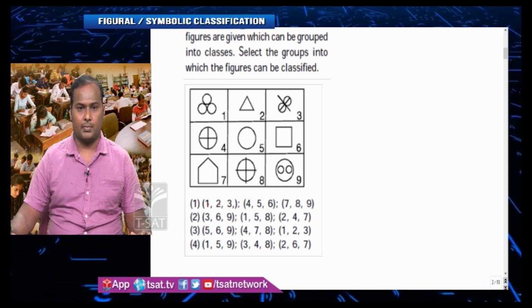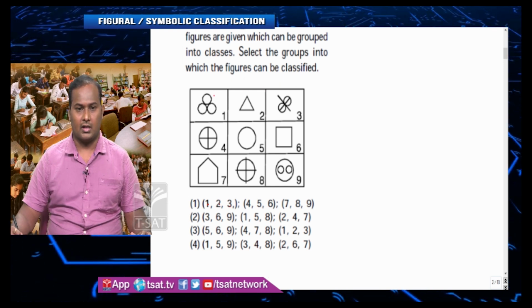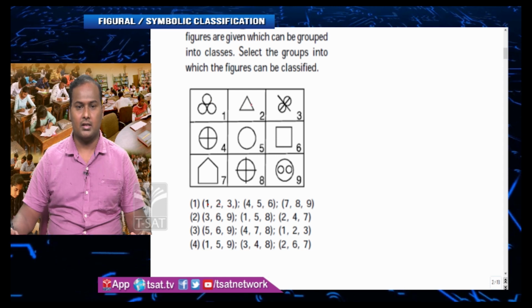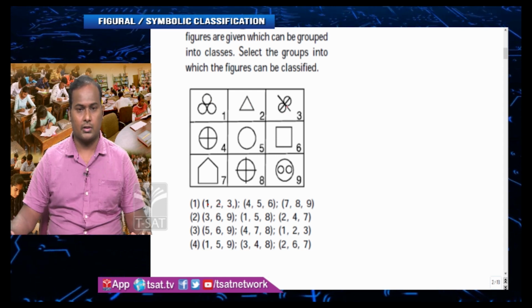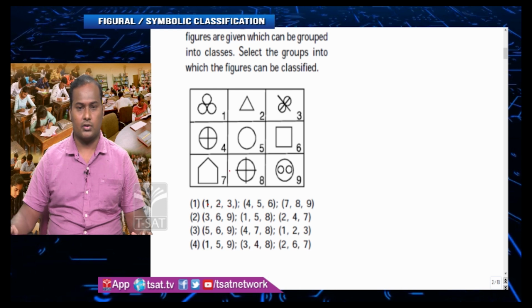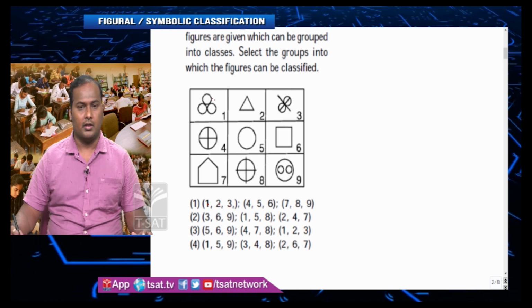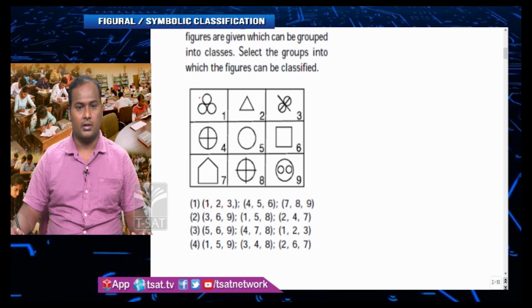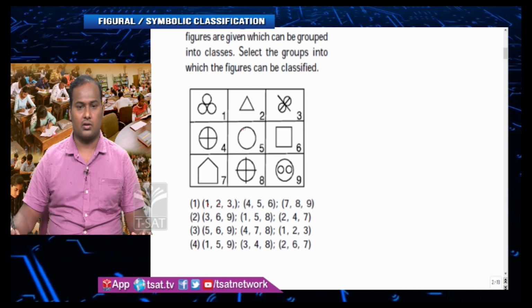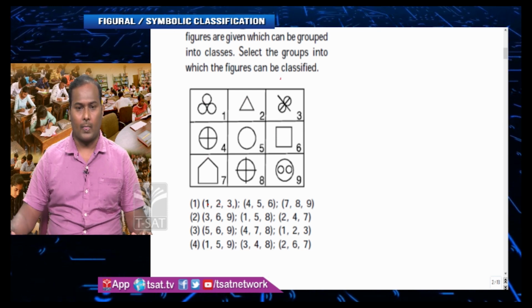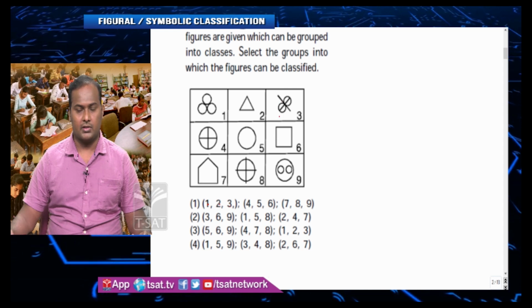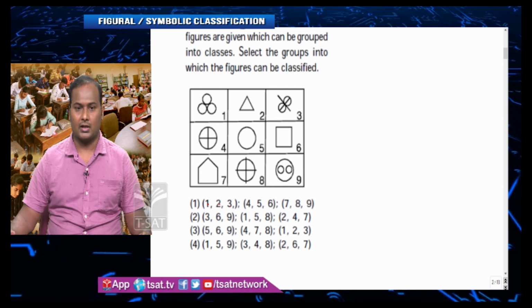If you see these symbols, there are circles, there are triangles and there are lines. Whenever you see a question, you need to find out what exactly the question is asking. In this question, it is talking about circles, polygons like triangle, square and pentagon, and again there are some lines in between. Based on this, we will try to classify.